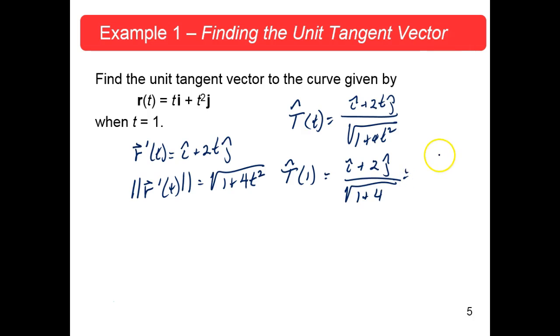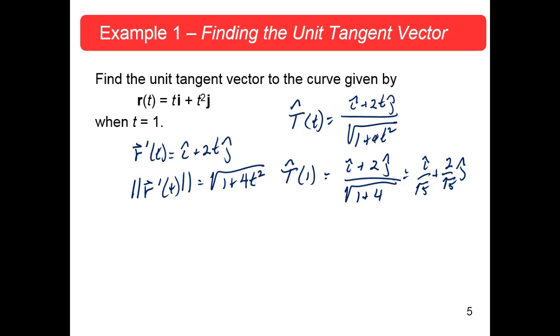So that would be i over root 5 plus 2 over root 5 j. Okay? Now, if you don't like root 5's in the denominator, you can put it as root 5 over 5 i plus 2 root 5 over 5 j.